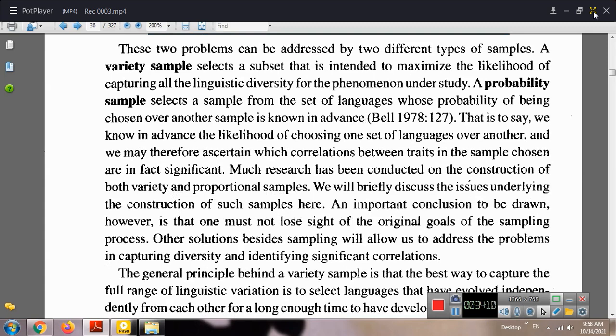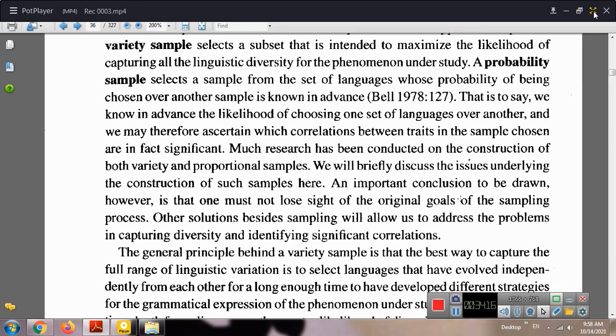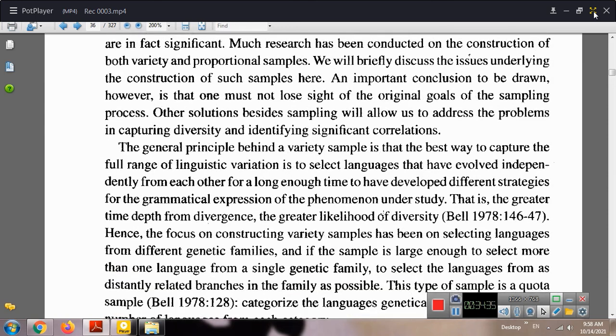We will briefly discuss the issues underlying the construction of such samples here. An important conclusion to be drawn, however, is that one must not lose sight of the original goals of the sampling process. Other solutions besides sampling will allow us to address the problems in capturing diversity and identifying significant correlations.